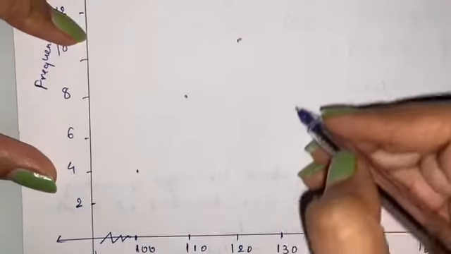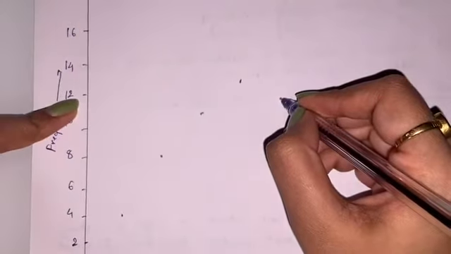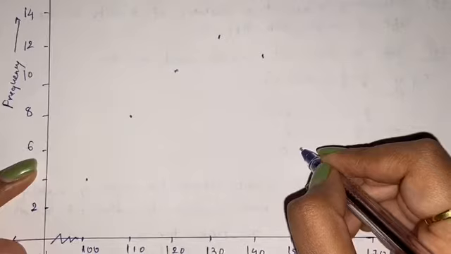That's why I'm saying that you just try to use the graph paper if possible. Then 140, we have 12, 150, and 160, it is 3, so somewhere here, and it will be stopped at 170.